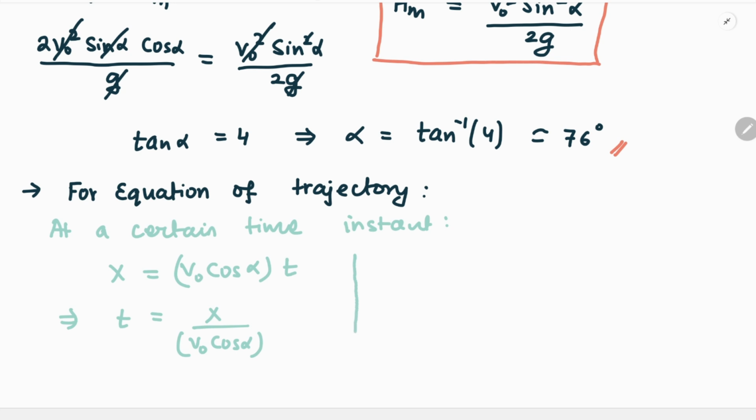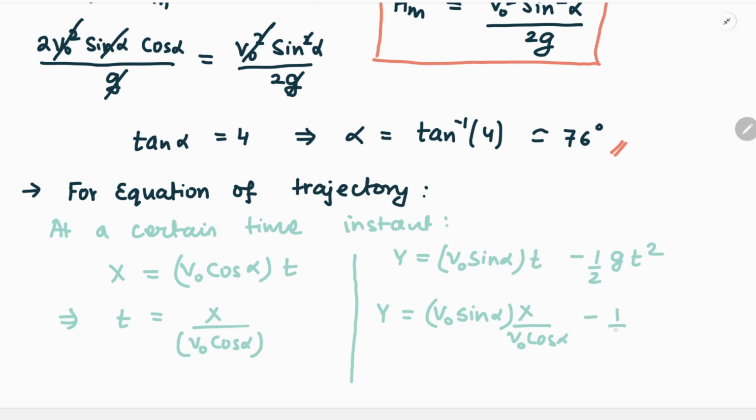And similarly, if we solve along the y-axis, y equals v naught sine alpha t minus half g t square. Substituting t, y equals v naught sine alpha times x upon v naught cos alpha minus half g times x square upon v naught square cos square alpha.